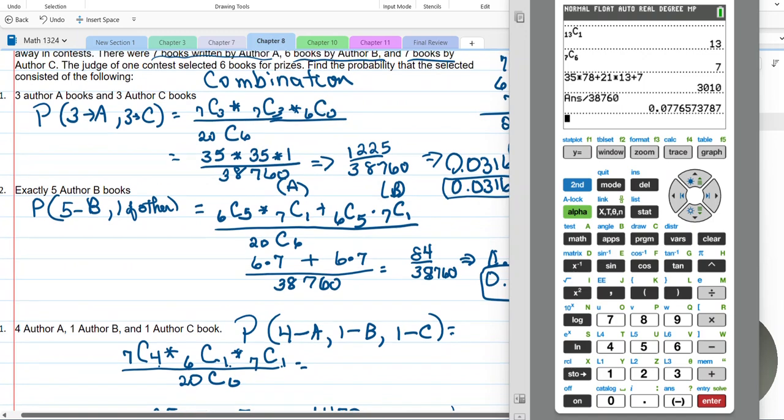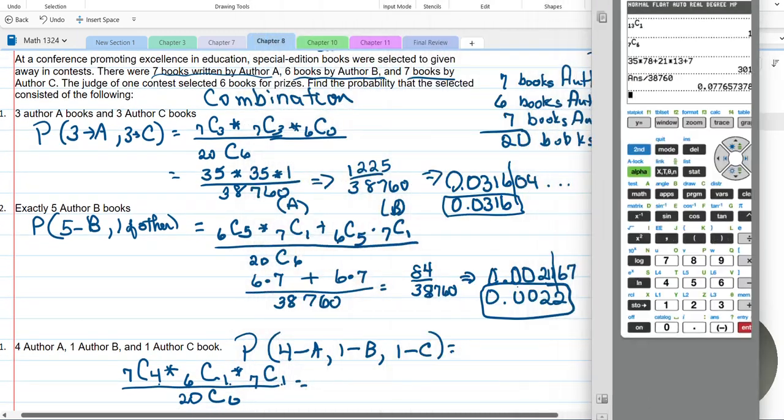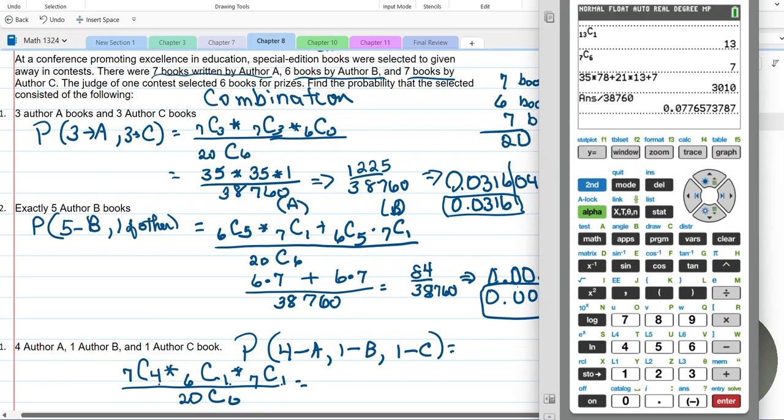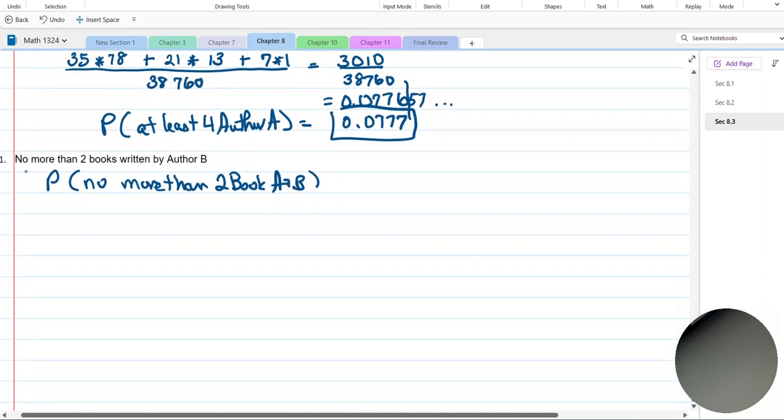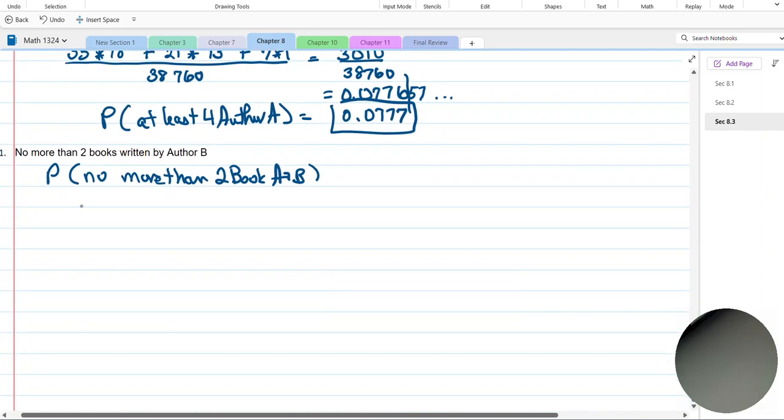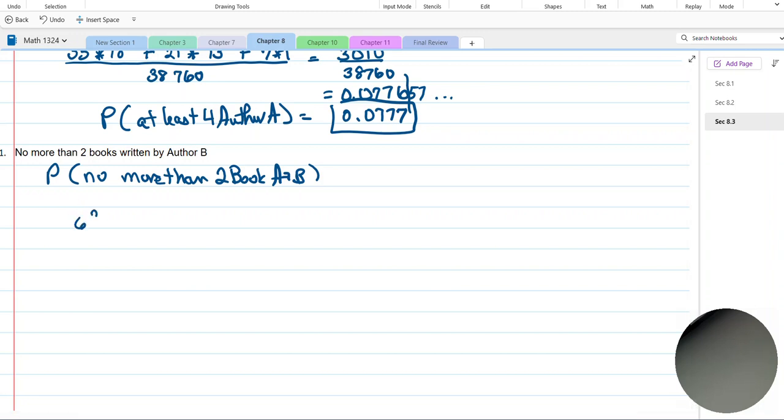Make sure. I've done this a lot, but let me go up here. Author B is 6, and they want no more to it written by author B. So we want 6, choose 2 times, and then I have 6 from 20 minus 6 is 14. 14, choose 4, because we need a total of 6, plus 6, choose 1 times 14, choose 5.